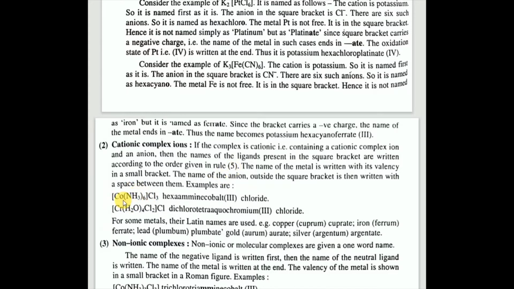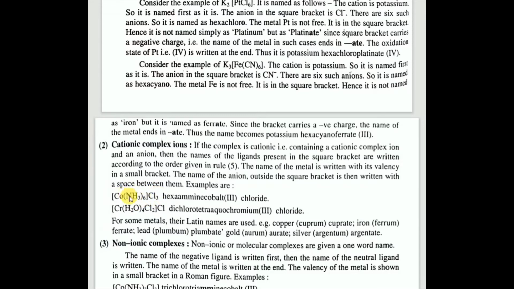See here, this is [Co(NH3)6]Cl3. This is a cationic complex ion. When we write the name of this cationic complex, first write the name of the cation. Here in the square bracket [Co(NH3)6] is the cation, and Cl is the anion.